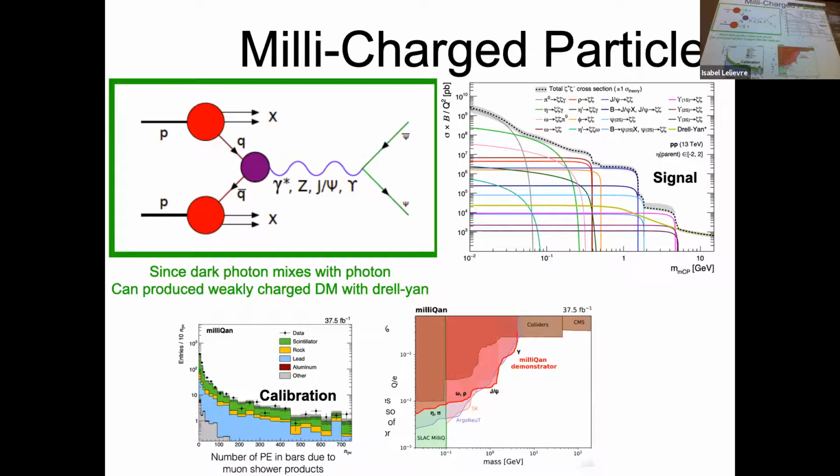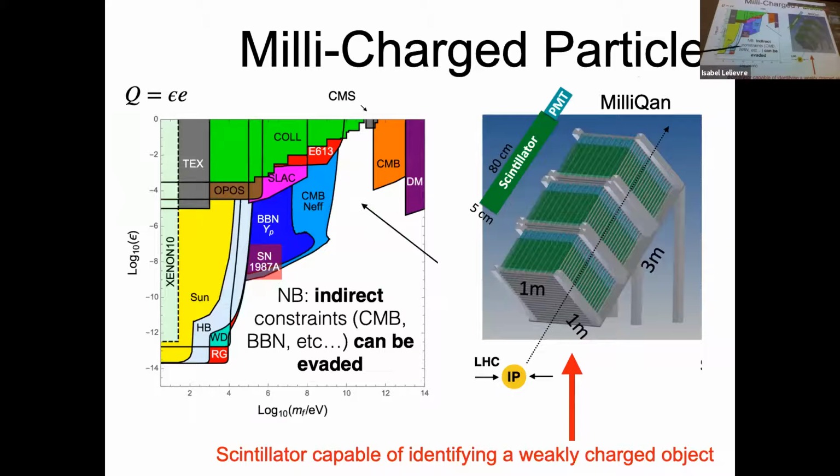So you can produce these, and there's an experiment that has done this recently called the Milliqan experiment. The idea is to have heavily doped scintillator, so you can measure very weakly charged particles going through it, and you look at those produced at the LHC.